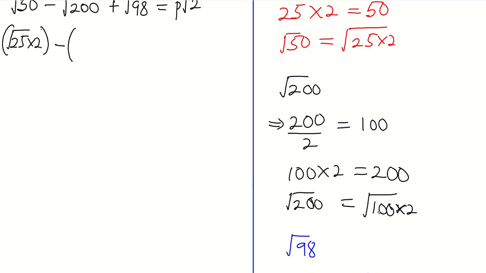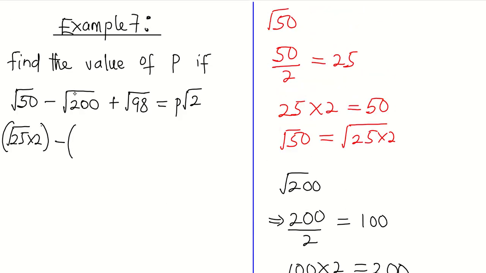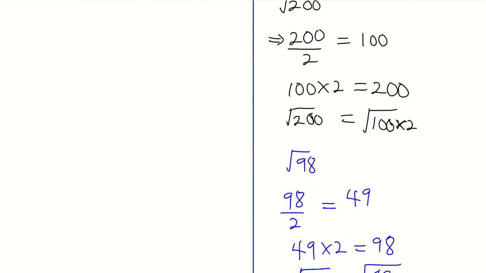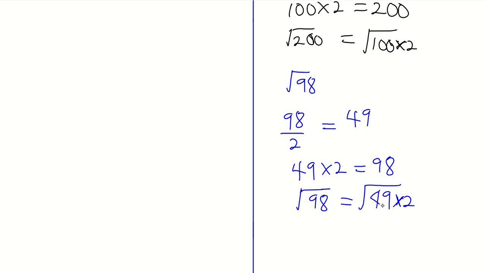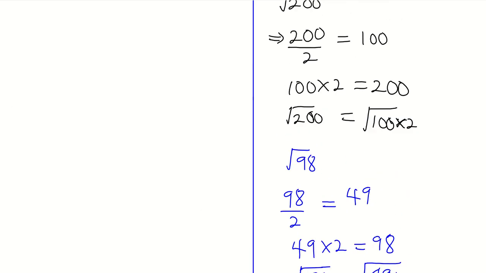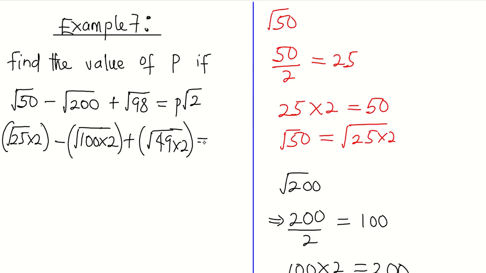When we do substitution, we have square root of 100 times 2 plus, for the square root of 98, we considered 49 times 2. Now let's check if that's correct. Yes, 49 times 2 gave us square root of 98. Now we bring the p square root of 2.